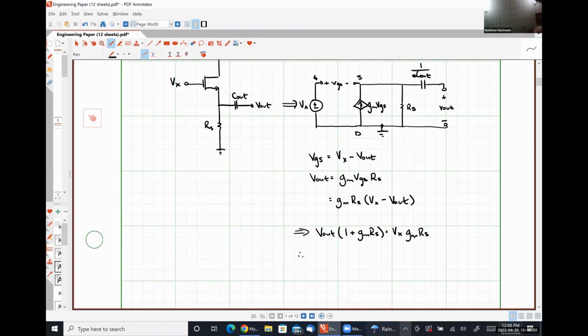And from here, I can say that Vout over Vx is gm RS divided by 1 plus gm RS, which is exactly the mid-band gain, or the DC gain that we developed in 335 for a source follower amplifier.